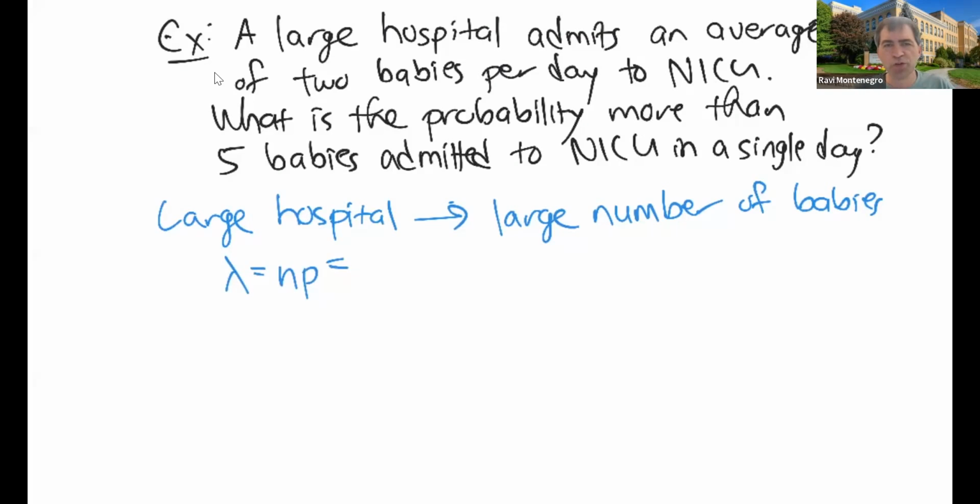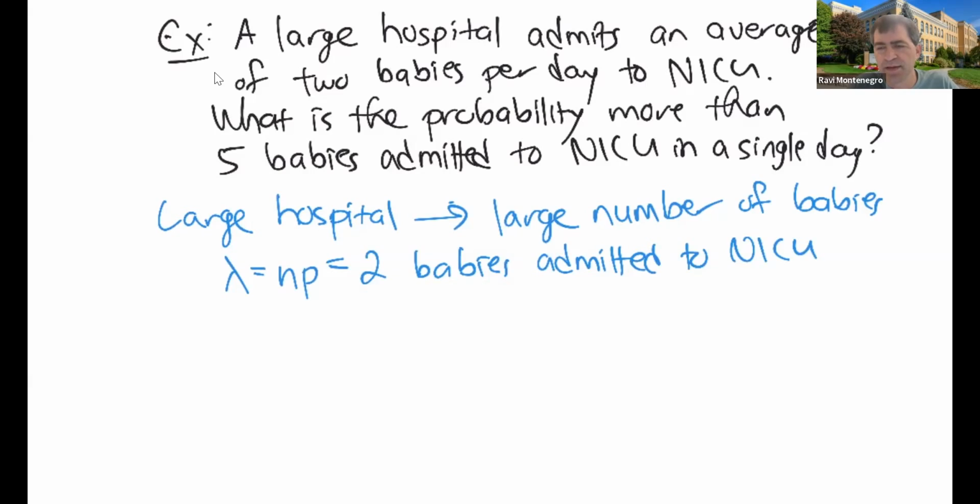But we have been told 2 babies are admitted to NICU. So the rate is the product of the number of babies born times the percentage that go to intensive care. We don't know how many babies are born in this hospital, and we don't know what percentage of them are admitted to intensive care, but we do know the rate lambda. And the Poisson formula lets us answer questions about this type of setting as long as we know lambda.